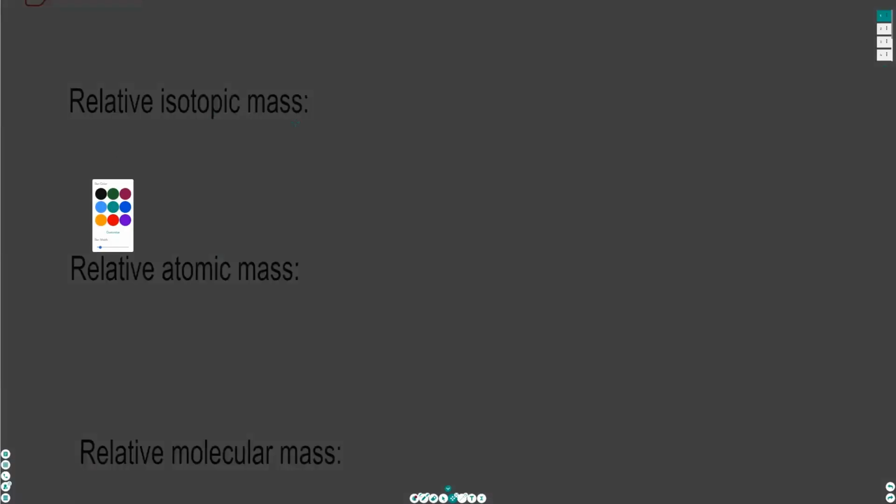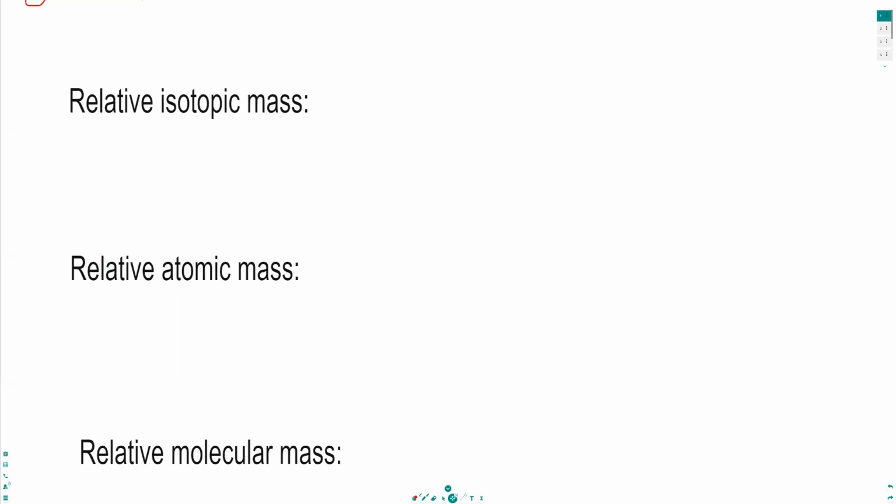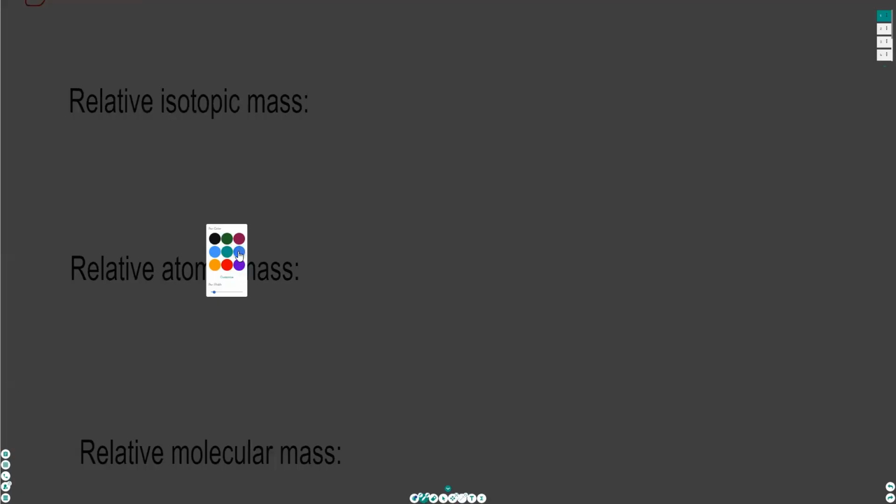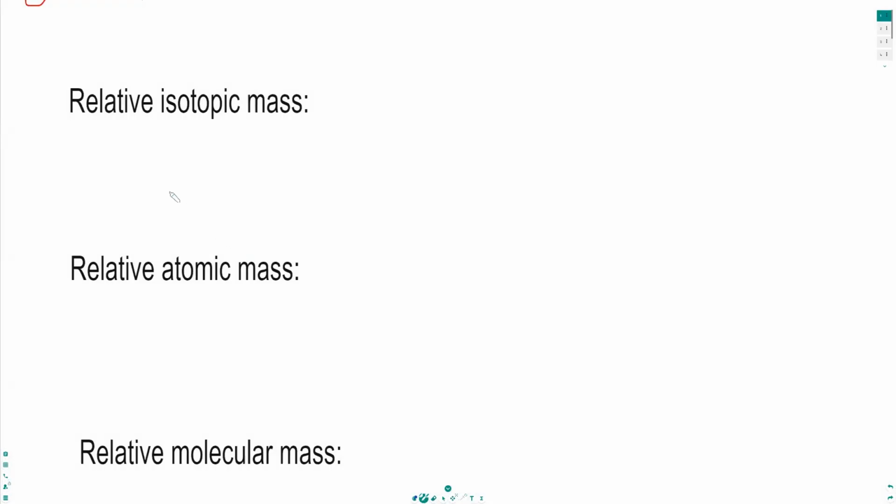Every past paper I've seen comes up with the question: define relative isotopic mass. That's why these are so important to be able to memorize. You must memorize these definitions. Literally every paper I've seen has this question.